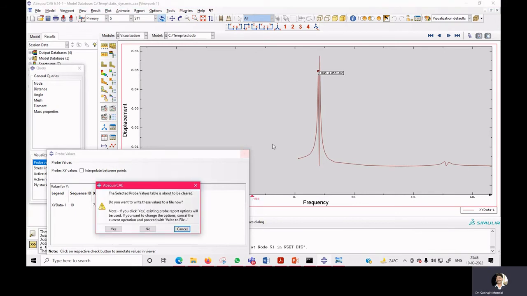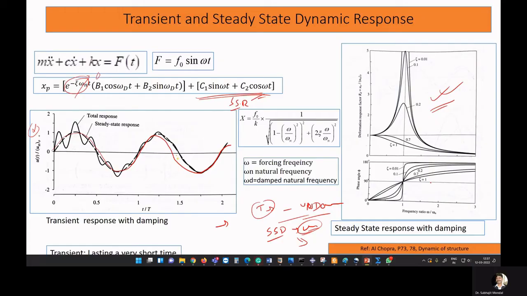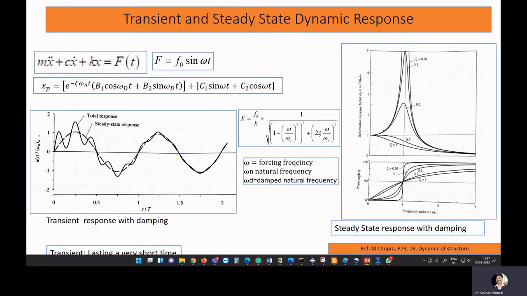Now what we can do, in ABAQUS we already obtained a graph like this. There, initially we considered an undamped case, and then we increased the damping, and we observed that the magnitude of vibration is very large in the undamped case.